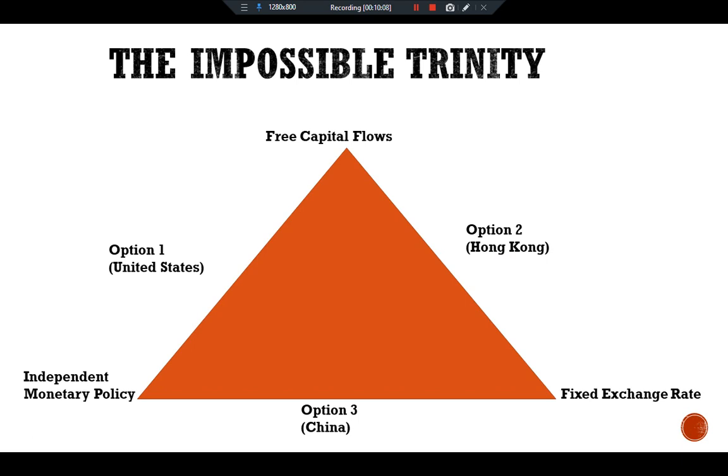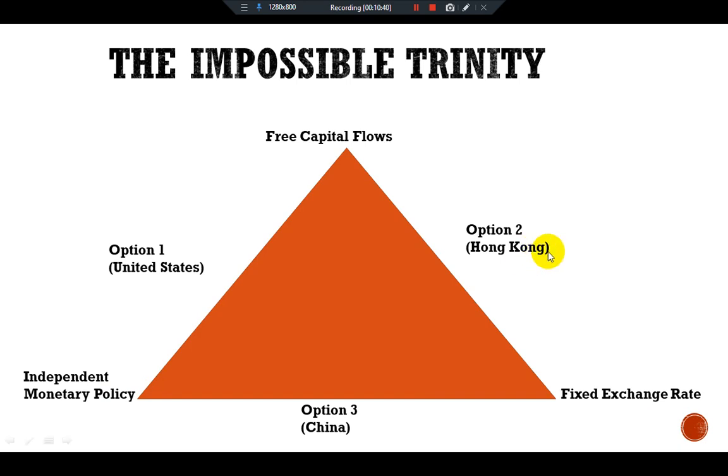While talking about the first option, it allows free flow of capital and an independent monetary policy, as the United States has done in recent years. In this case, it is impossible to have a fixed exchange rate. Instead, the exchange rate must float to equilibrate the market for foreign exchange.